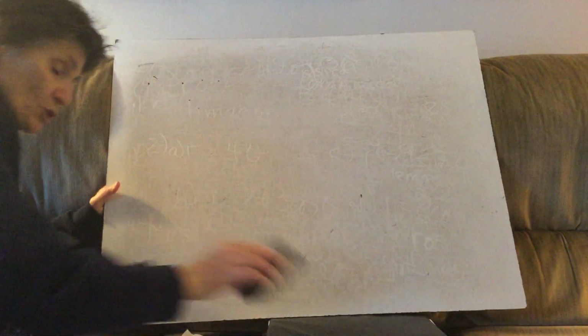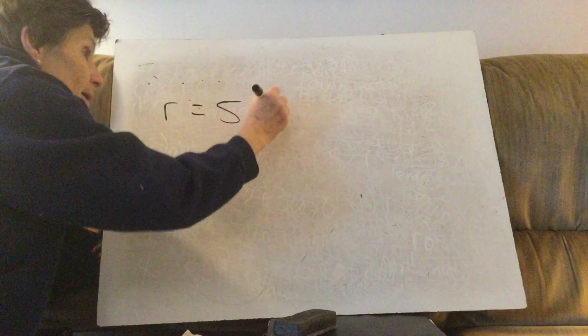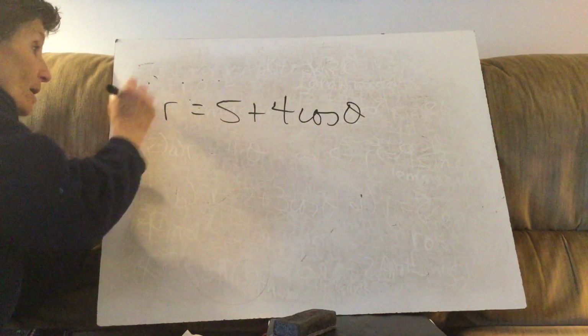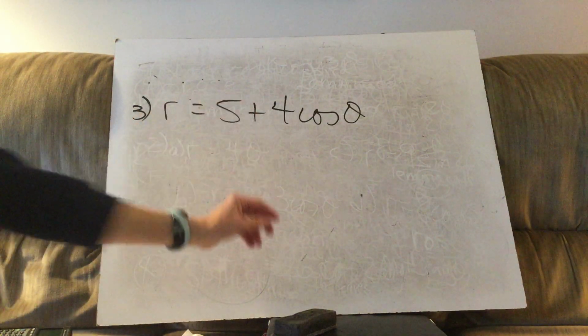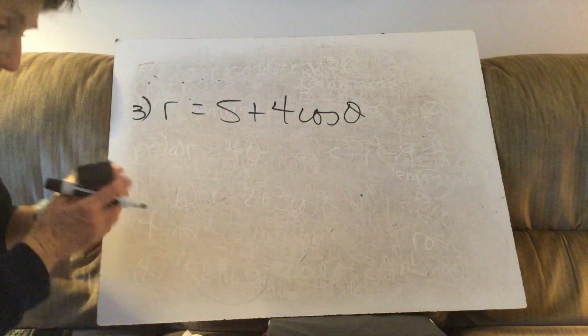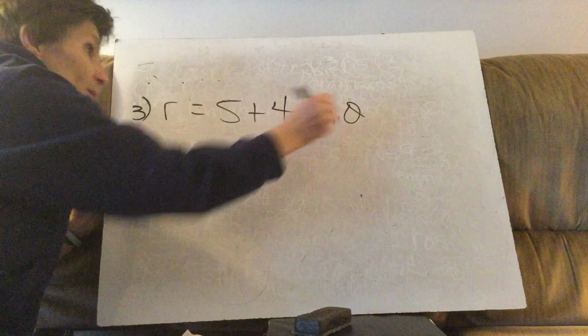Next question gives me the equation of a limacon, and it wants to know if this is a cardioid or not. Well, you'll recall from the notes that, oh, sorry, this is a sine. Doesn't make any difference. That does not impact the answer at all.